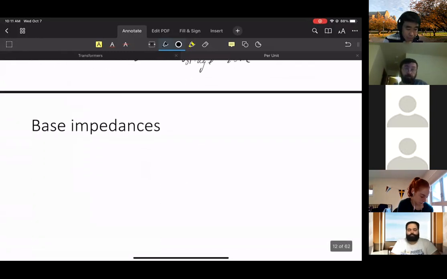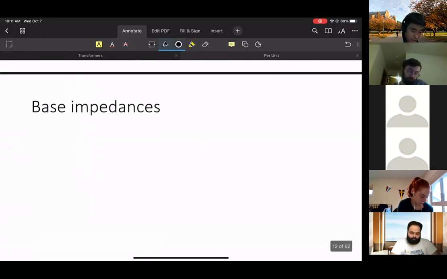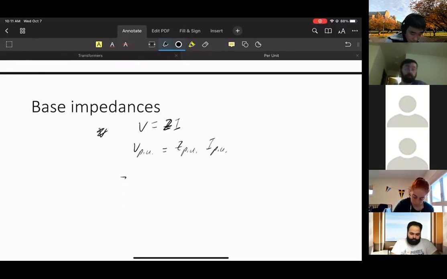And then the same thing for the base impedance. We have V equals Z times I, so we want V per unit equals Z per unit times I per unit. If you look at all the choices we make, the base should be like this, and you substitute the power into it, and we have this kind of equation.